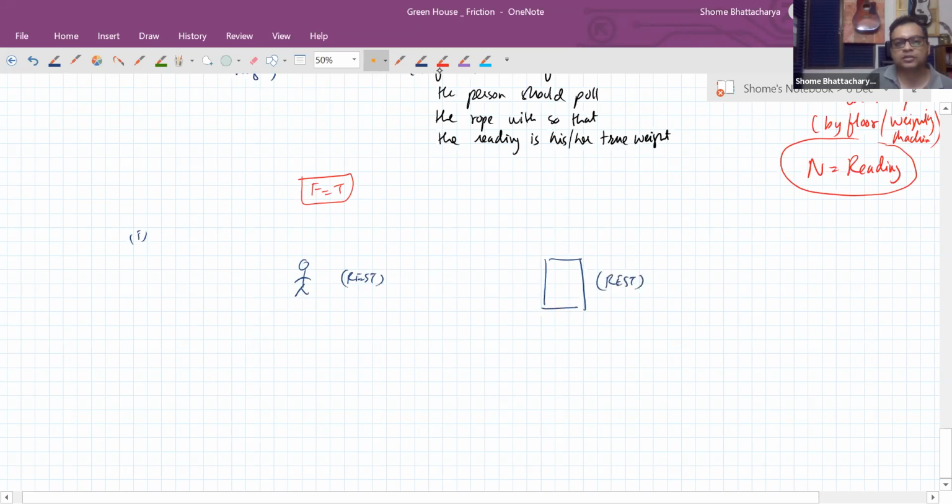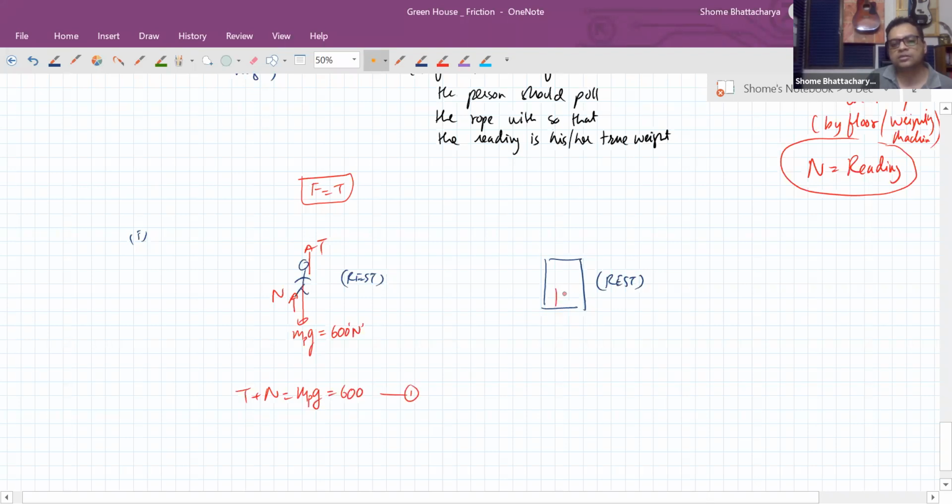Now on his body, the forces acting are the rope, a weight which is 600 newtons, and the floor is applying a normal reaction N. So T plus N is equal to mass of the person into G, or 600 newtons.